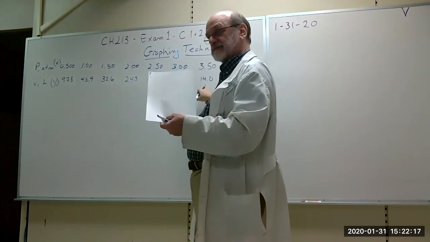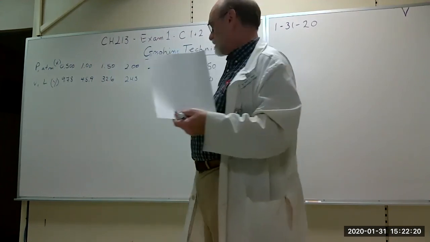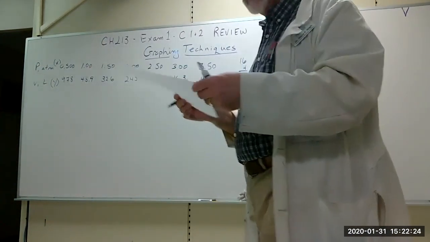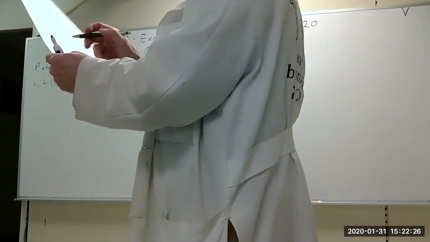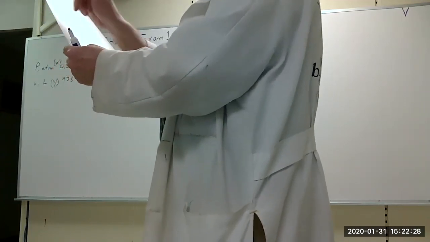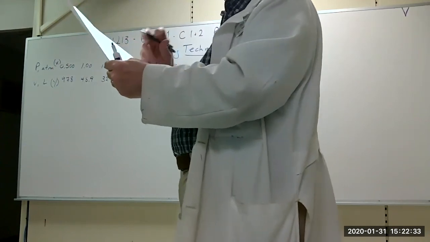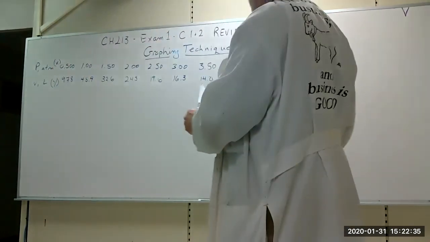Does that make sense? Okay. And the only way to know for sure is to mark it off with your pencil in equal steps and say, all right, does it fit? Okay, yeah, it fits.